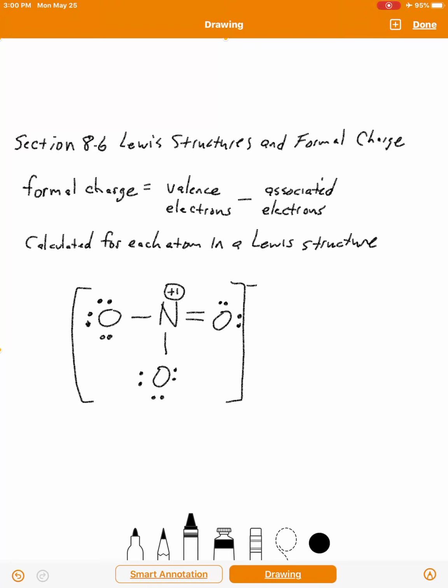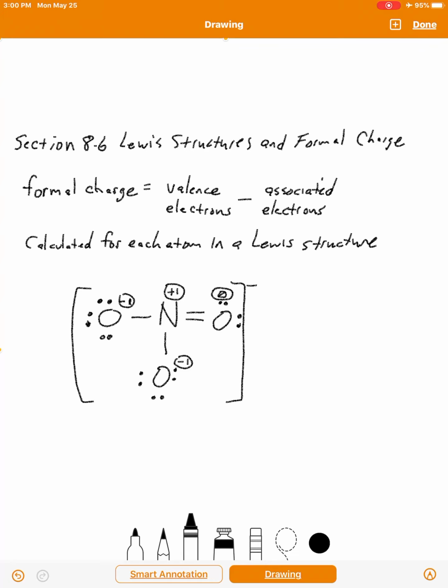If it's plus, we put a plus sign. Here it's -1. Here it's -1. And here it's 0. So the formal charges are calculated for each atom and can be represented in the Lewis structure itself.